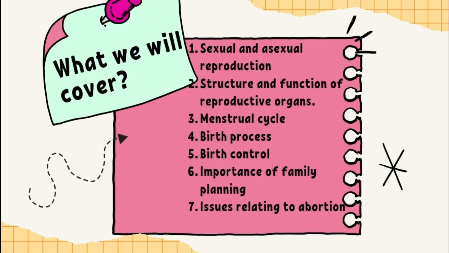Then you have the menstrual cycle, the birth process, birth control, the importance of family planning, and then the issues relating to abortion. So this is just a quick crash course. We're going to take our time and go over everything in a timely manner.